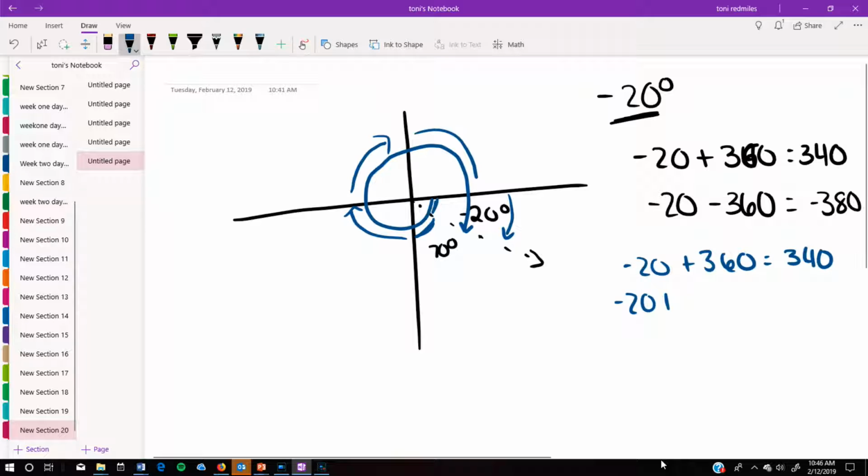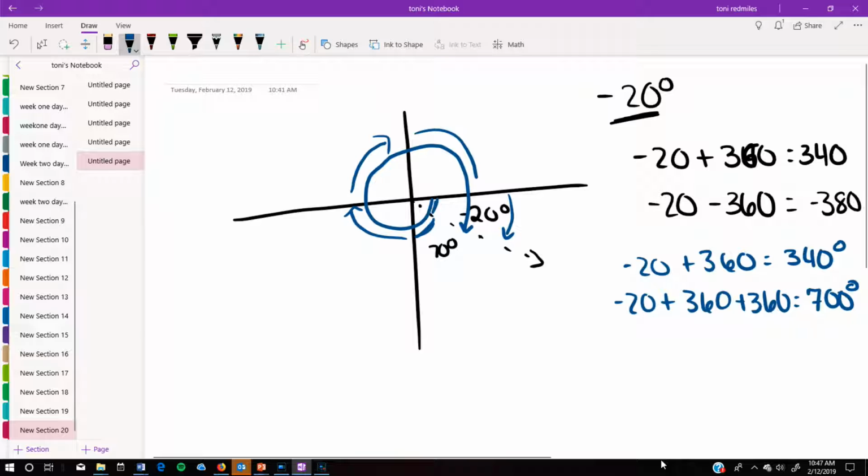I could do negative 20 plus 360 plus 360. It would still have the same coterminal angles, and that would be what, 700, right? Because 360 plus 360 is 720, minus 20, yeah. So 700 degrees. So I could get 340, I could get 700, and then there's another one, okay?